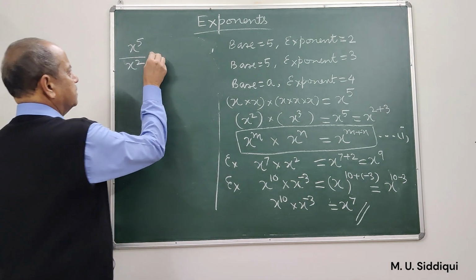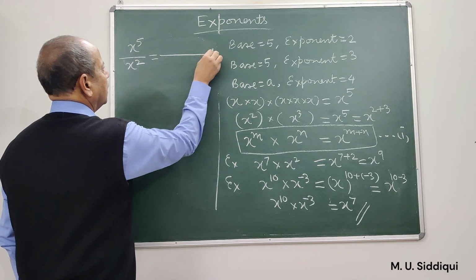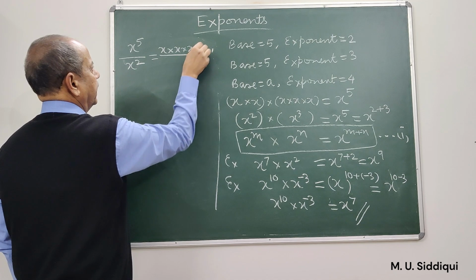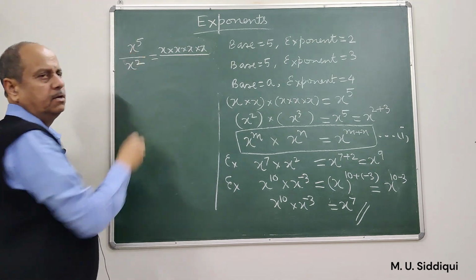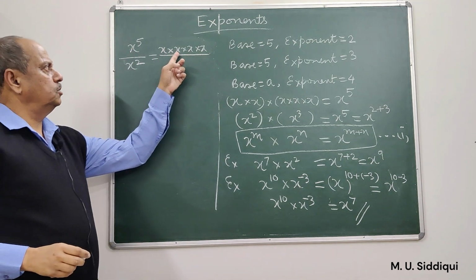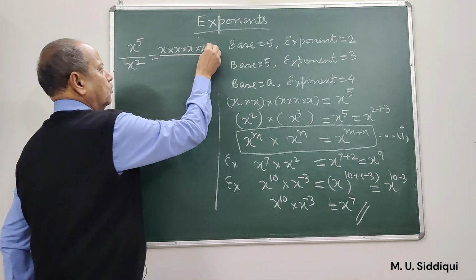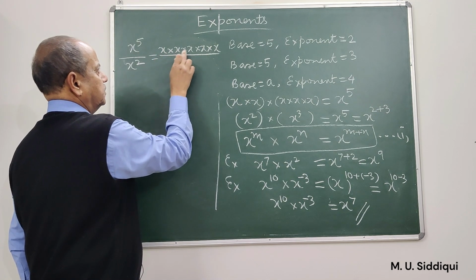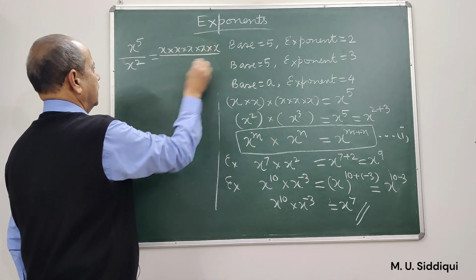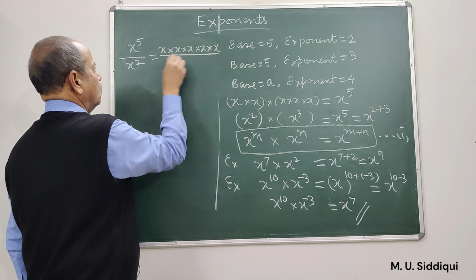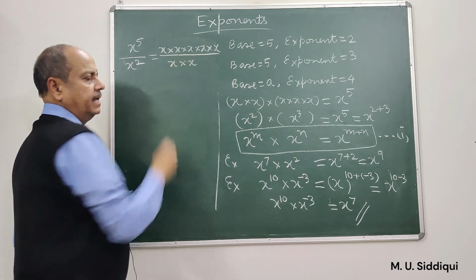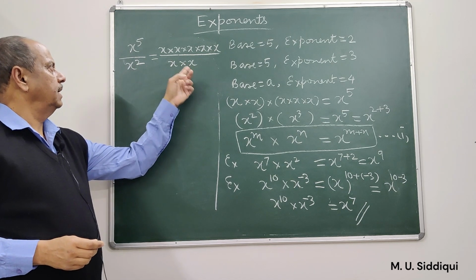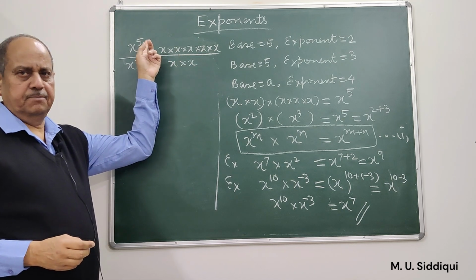You can also write it as x into x into x into x into x, x to power 5 meaning x multiplied 5 times. Denominator x square, which means that this is x into x, 2 times.